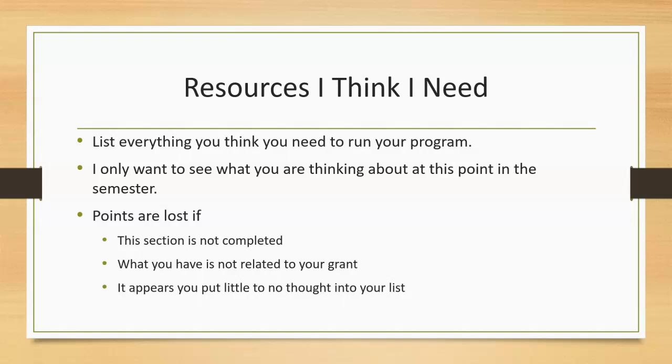The other thing that might happen is what you have here you haven't put any thought into. So, for example, you have I need people, I need some money to buy some supplies, and I'm going to need supplies. That's a very poor answer to this question because it does not show that you've thought about what you need specific to your program.